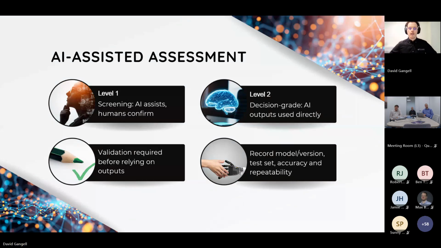And then level 2 has more AI output, which is accepted directly into the condition assessment and potentially into condition index calculations. This is certainly where validation is key, and you can't simply rely on the supplier saying that the system is 90 or 95% accurate.